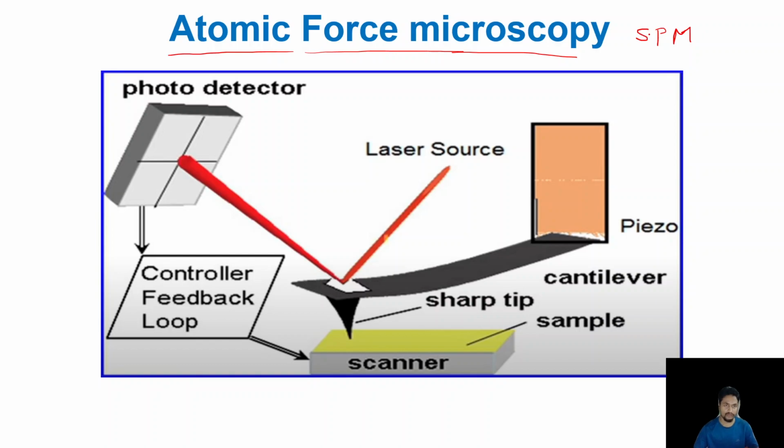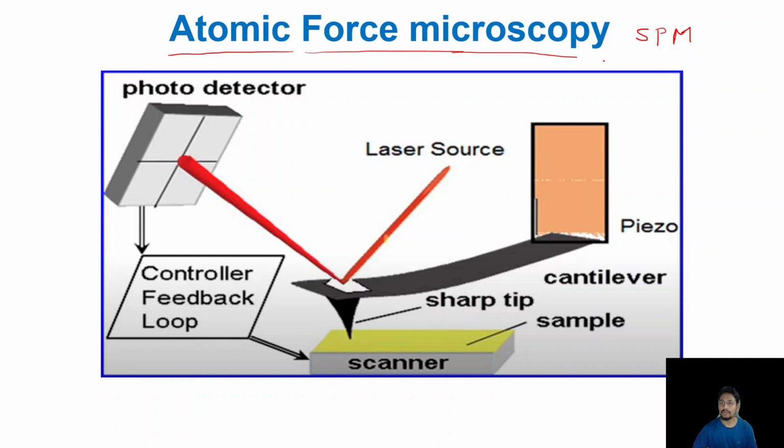In the previous weeks we already learned that, and this is one more class of this family, right? That is atomic force microscope. And from the name you can see that there's a force. So that means depending upon the measurement of force, we are getting the microscopic image kind of thing, right?